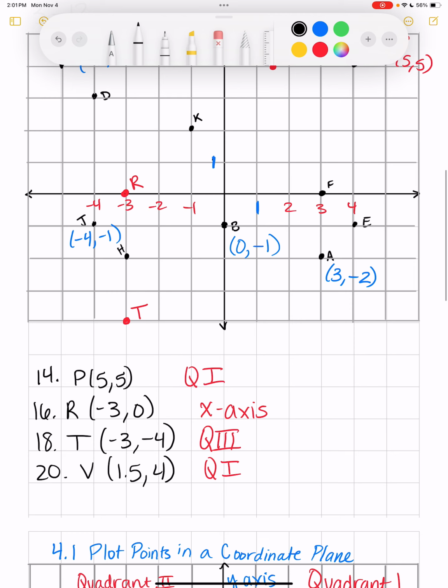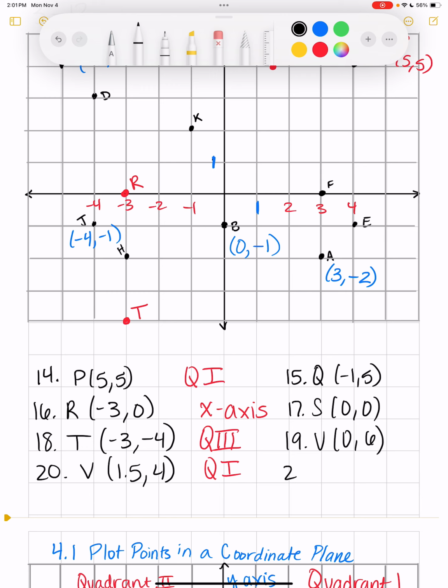If you want, I'll write them down over here. 15 is the point Q, and it is -1, 5. 17 is the point S, which is 0, 0. 19 is U, and that is 0, 6. And then 21 is W, and that's 3 and -2.5. So these are the ones that you'll need to actually put on the graph, like to plot, like what I did in red, and make sure you label where they are.